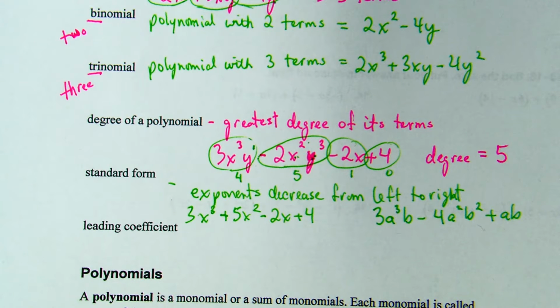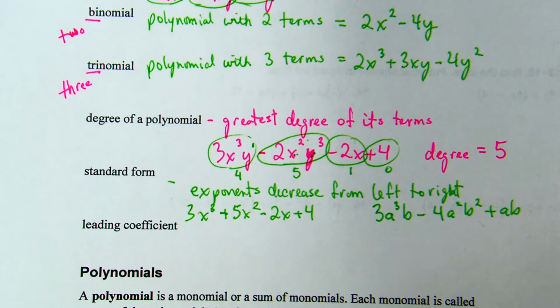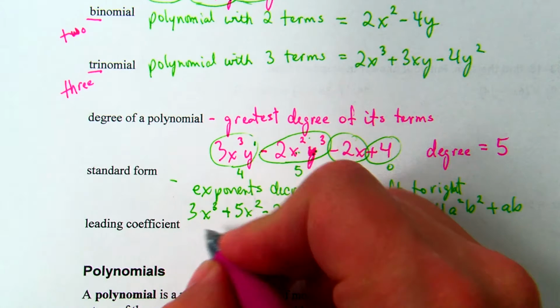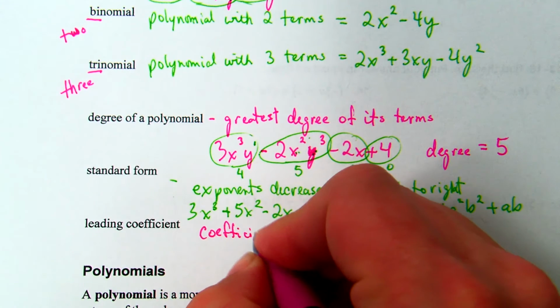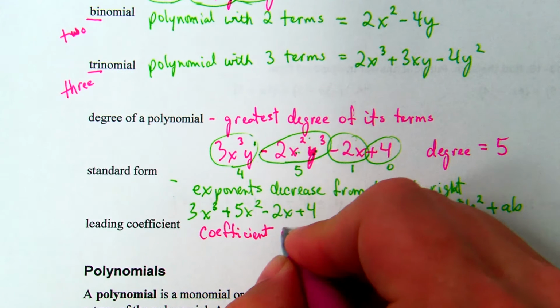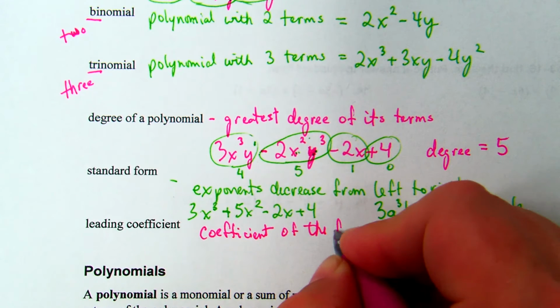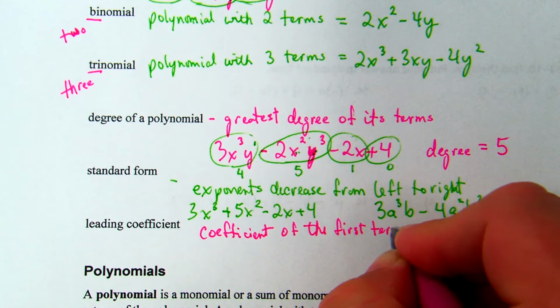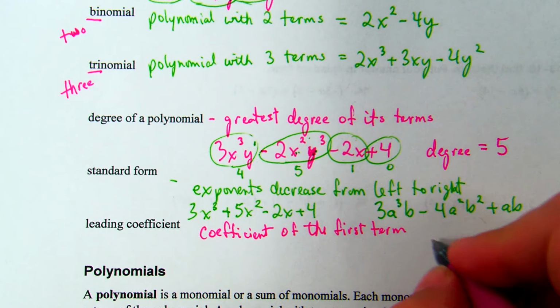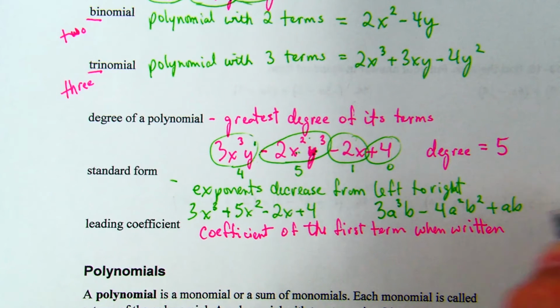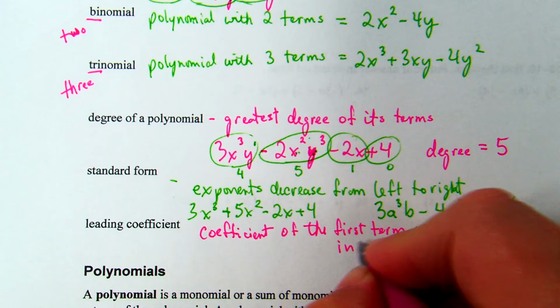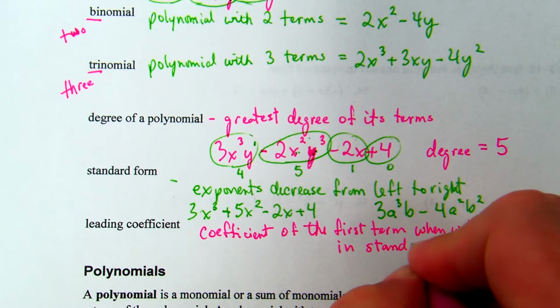Okay, now, leading coefficient. You're going to see this abbreviated as LC in a minute. A leading coefficient is the coefficient of the first term when written in standard form.